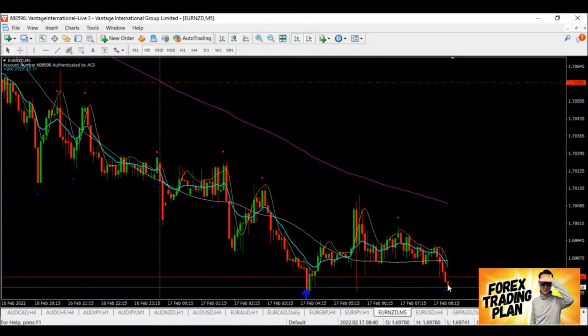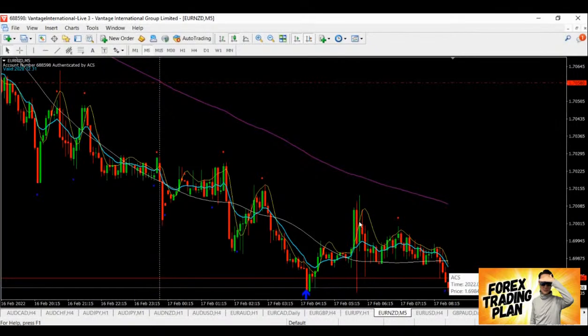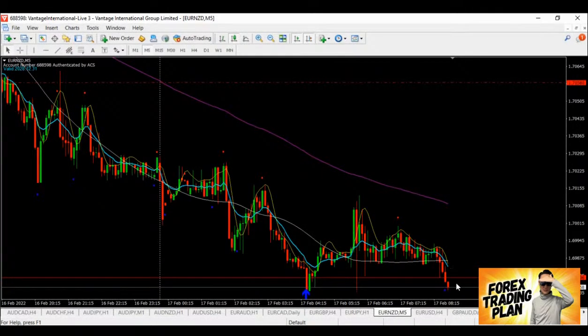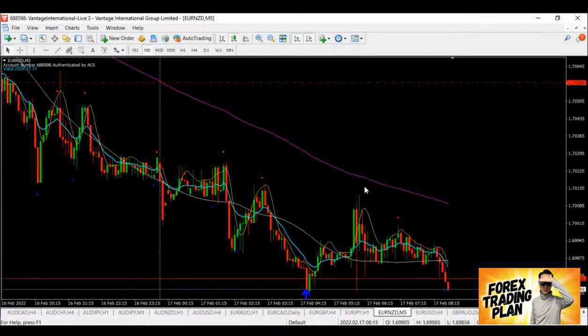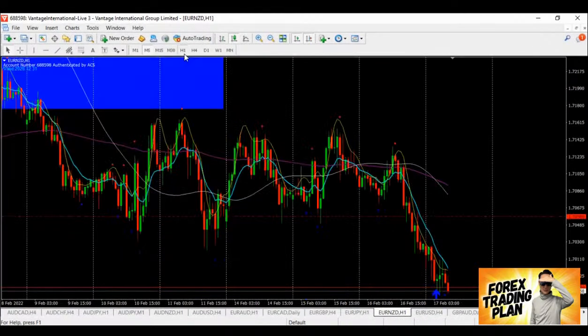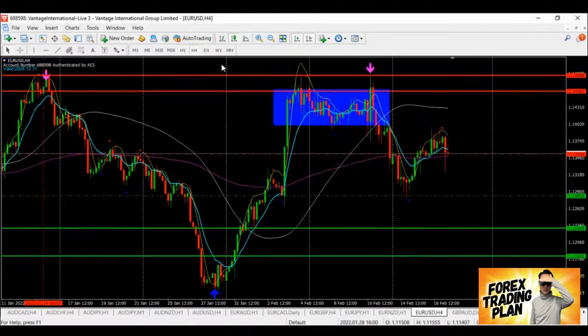So if there's a resistance that forms, then it's a good chance to enter for a trade as well. But since it dropped so much, we are not going to chase, so let's wait for the next round. The next round of a trigger point will be better. So Euro Kiwi will be in my list, waiting for it to go on and have a new resistance before we actually start selling.